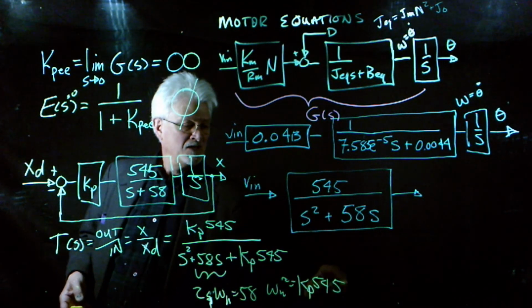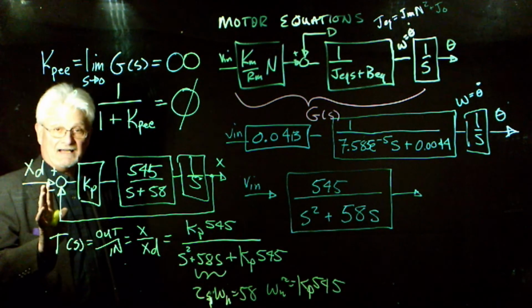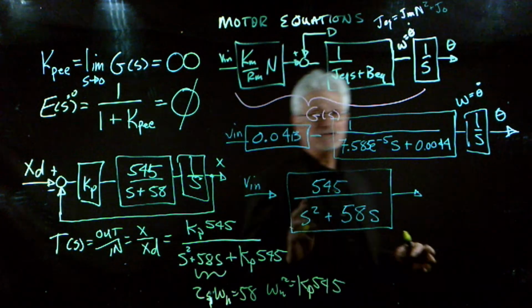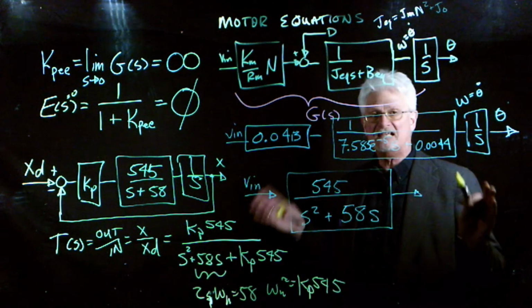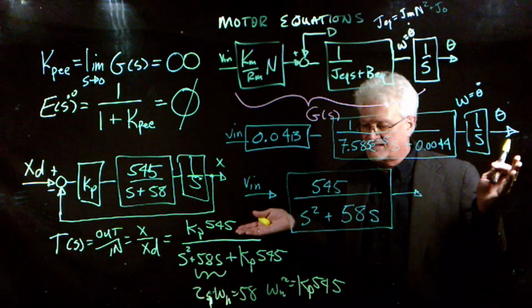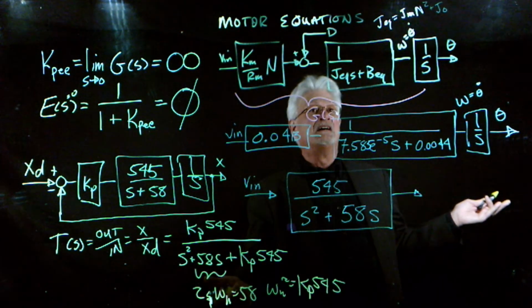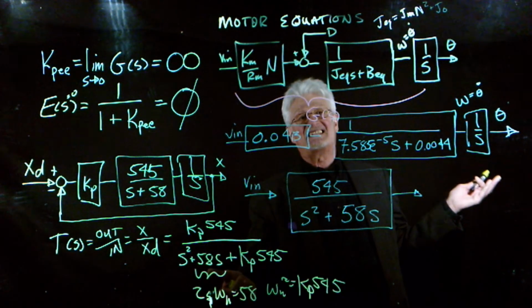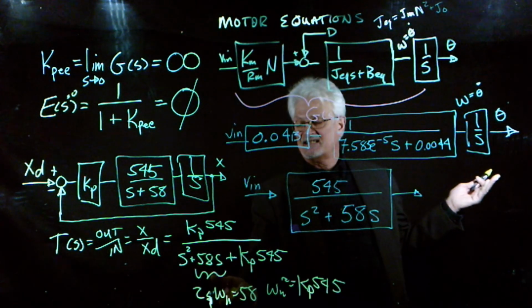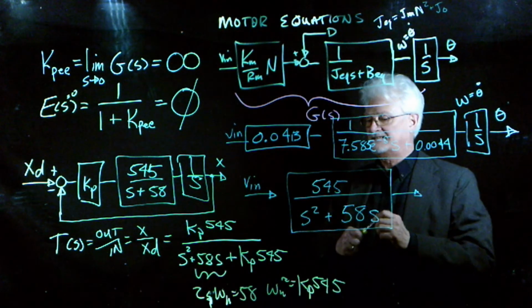And so we can just choose a zeta. I'm going to send out a note about why you should use zeta 0.707 in the absence of any other criteria. So we'll choose a zeta that we think is acceptable. Maybe a lower zeta, maybe zeta of 0.5 is acceptable. We'll try that, and then we can figure out what Kp is.